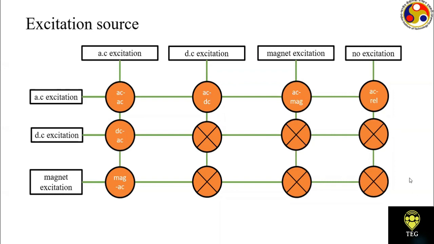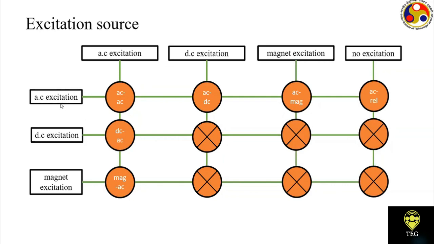Depending on that, this is a general classification of the electrical machines from the point of view of excitation. We can have an AC machine, that means both the excitations are from AC sources. To the stator you give AC, and to the rotor also you give AC. Then you have AC-DC. That means to the stator you give an AC excitation, and to the rotor you give a DC excitation. Then you have the AC magnet.